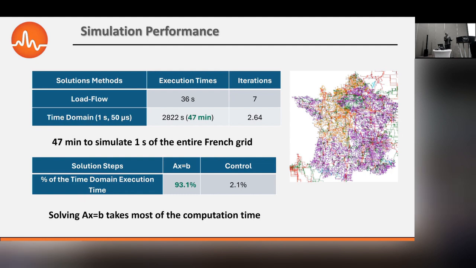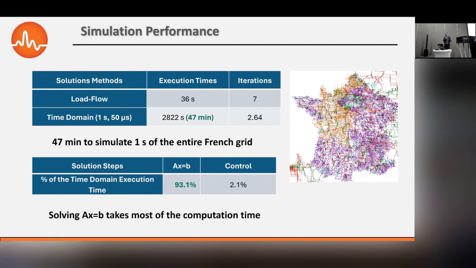You can see here the iterations for the nonlinear elements. So actually, with the actual solver, the simulation of this network doesn't take a lot of time. It's only 47 minutes for 1 second, and for us, in terms of complexity, this is the upper bound of networks.